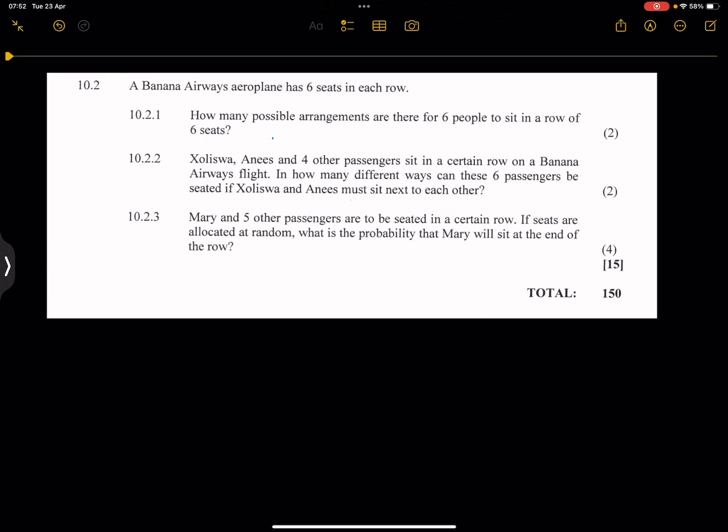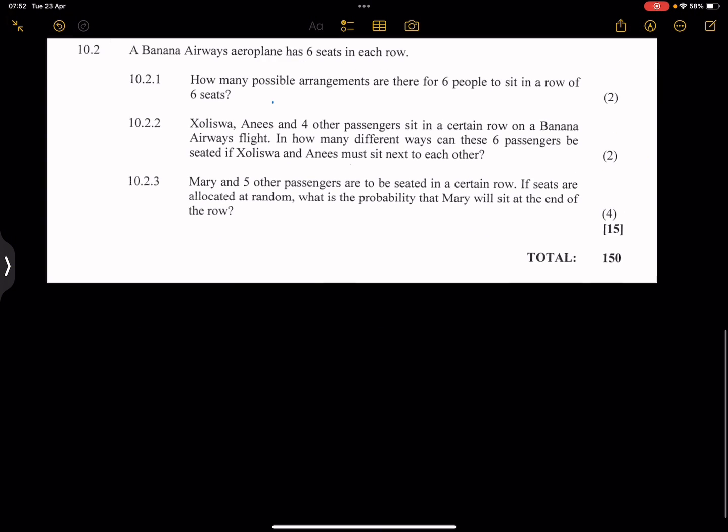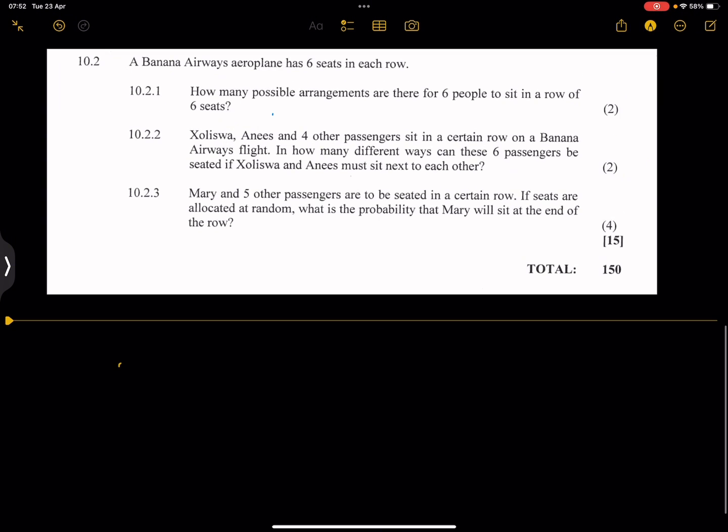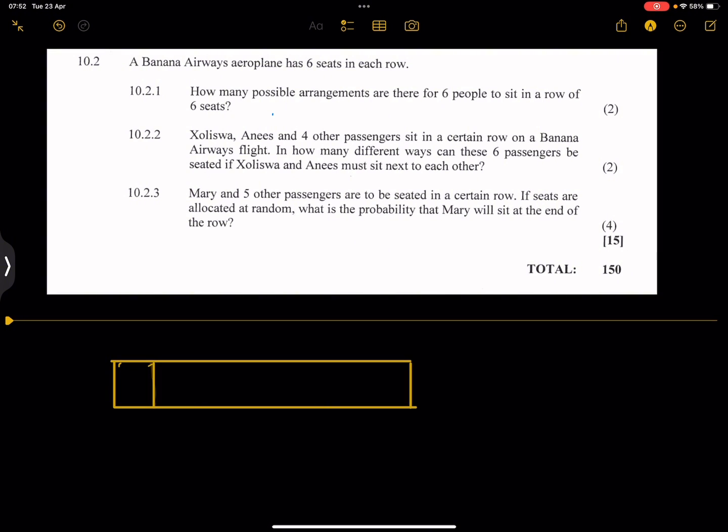They say a Banana Airways aeroplane has 6 seats in a row, right? I always like to actually draw my scenario, right? So we've got 6 seats in a row, okay? I always find counting principles to be much better when you try to draw your scenario.